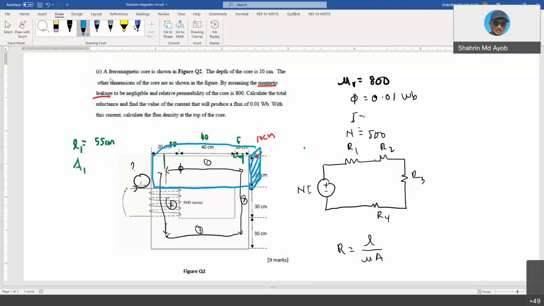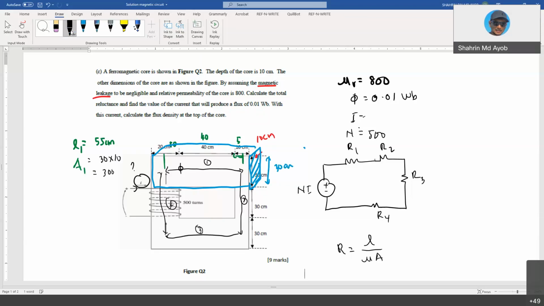We have the depth of 10 centimeter and the length of this one to this one is 30 centimeter. So your A1 should be 30 centimeter multiplied with 10 centimeter.